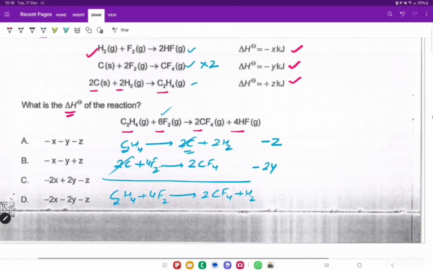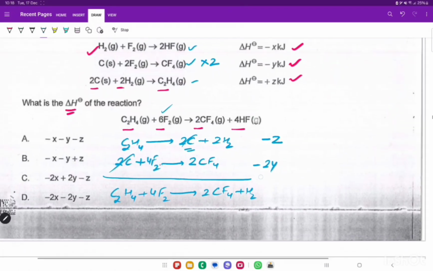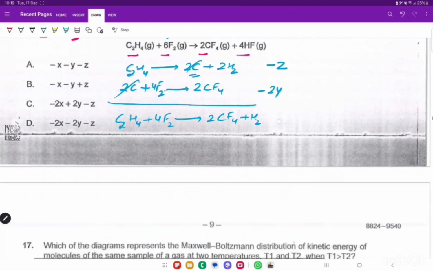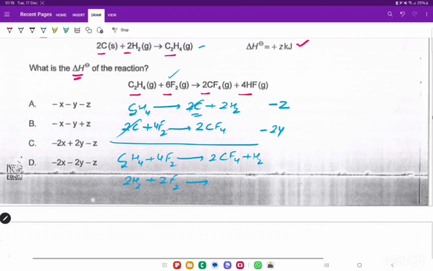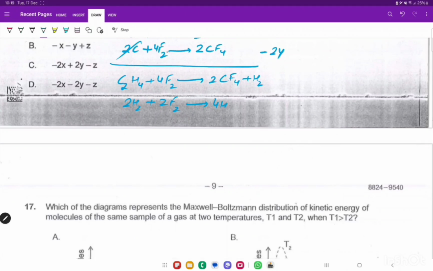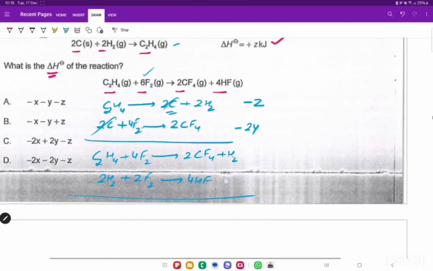Now I require 2 more fluorine, which is present in equation number 1. Multiply equation number 1 also by 2. So what I will get? I will get 2H2 plus 2F2 gives you 4HF. If I add these two equations, the 2H2 is gone.